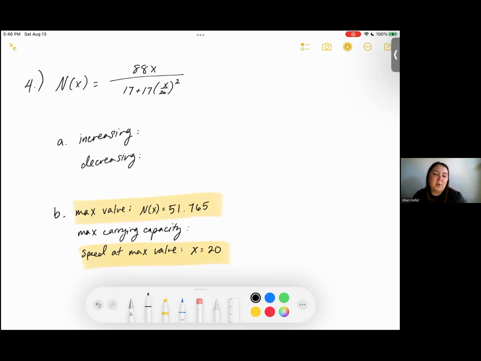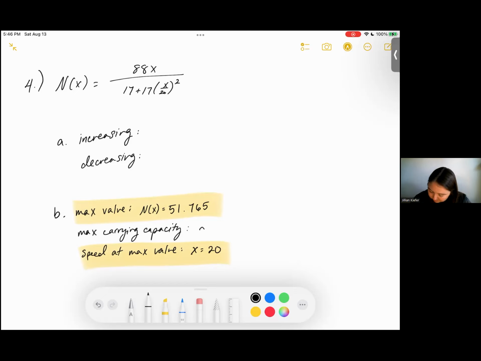Now the last question here was, what is the max carrying capacity? So our number is 51.765. We're just going to round to the next closest number, which is going to be 52. So our maximum carrying capacity is going to be about 52, and they are in cars. So we have about 52 cars.